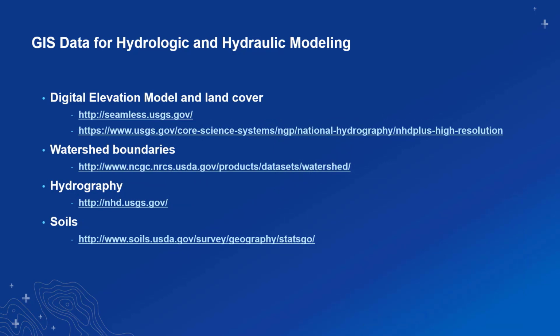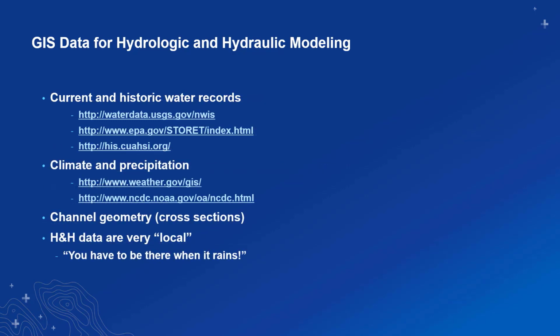In the US, USGS and NRCS publish a lot of landscape data useful in hydromodeling. And USGS and NOAA publish a lot of hydro data that might be of interest to you. But often, hydro data are very local, and you will have to discover data locally hidden in some drawer or collect them yourself.